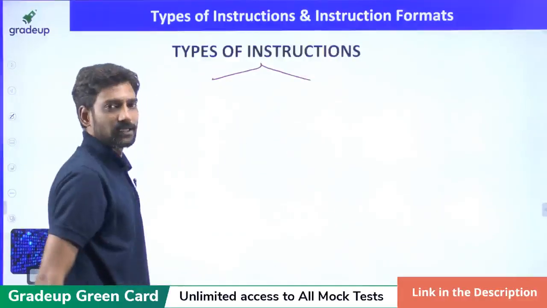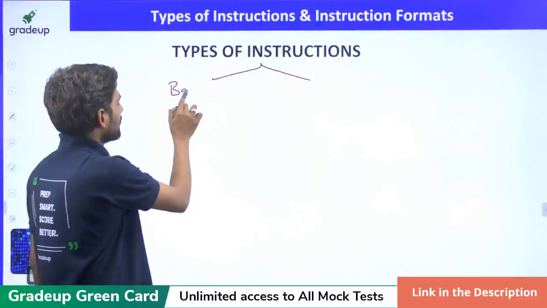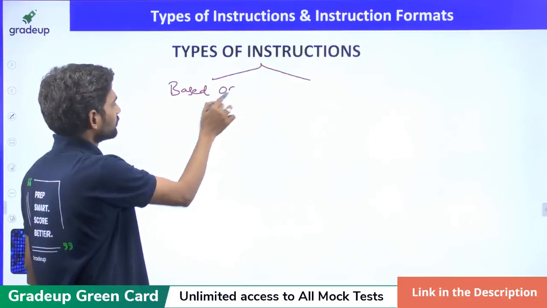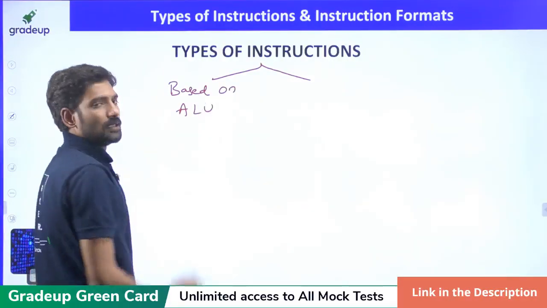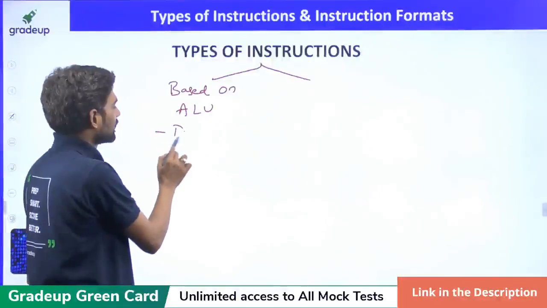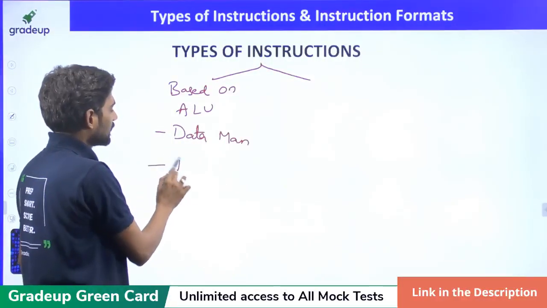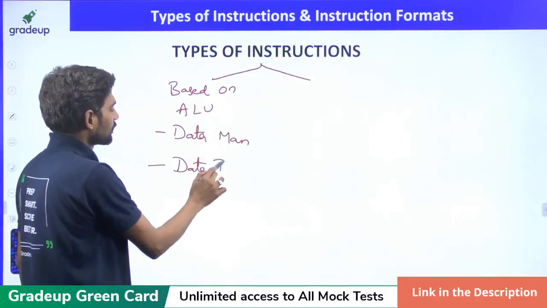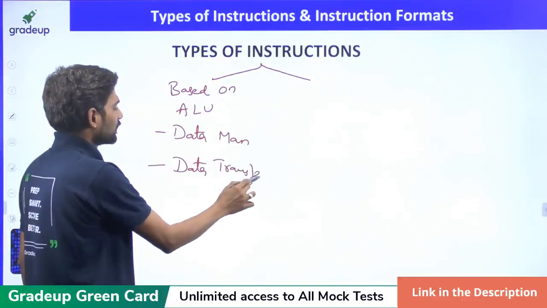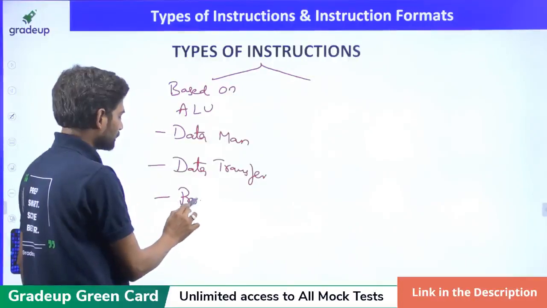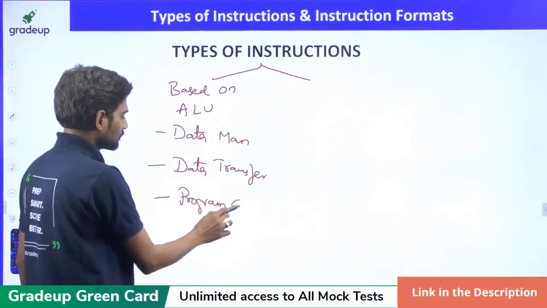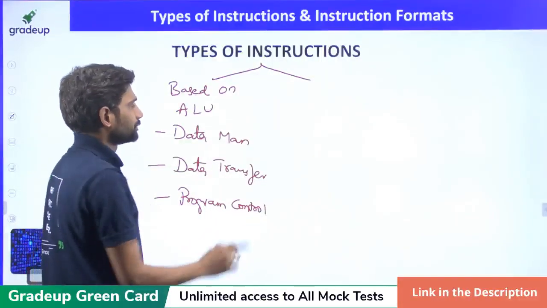based on two factors. One is based on ALU operation. It is classified into data manipulation, data transfer, and program control. Right.